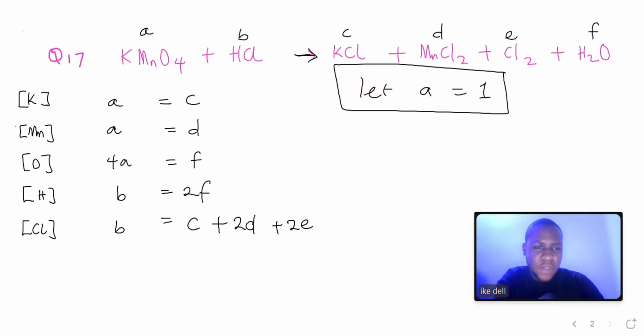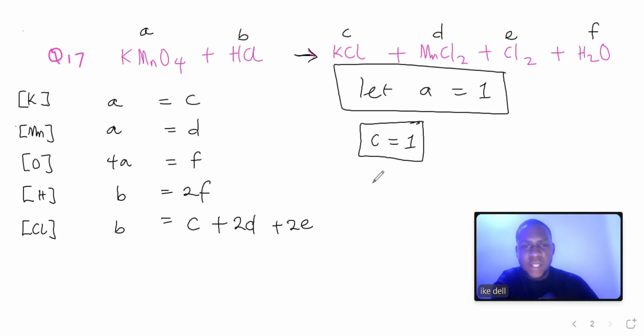So I'm going to try to solve this maths for all these letters. So if A is equal to 1, it just means that because A is equal to C, we can say C is equal to 1. So we've gotten our A, we've gotten our C, we'll put a box around it. If A is equal to D, it also means that D is equal to 1, right? Anyway you want to solve this math, just solve it and get all the unknowns.